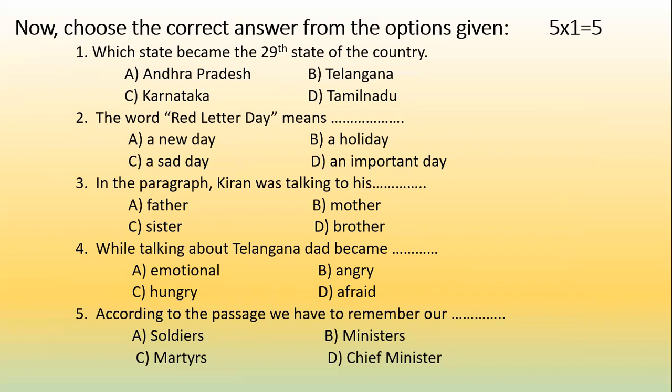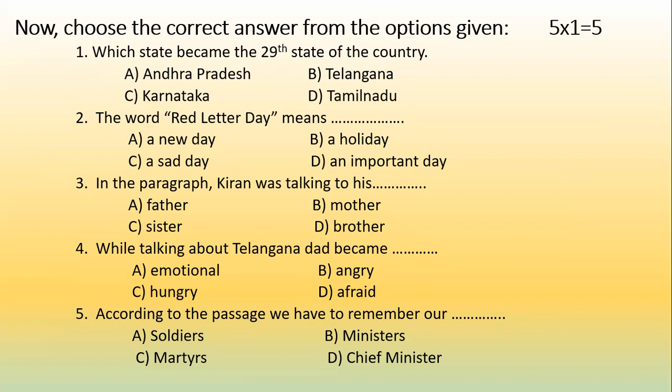Yes, you remember. What is the answer? It is D, an important day. So in your answer booklet, what are you going to write? Second, number 2, and you are going to write the option D, an important day.